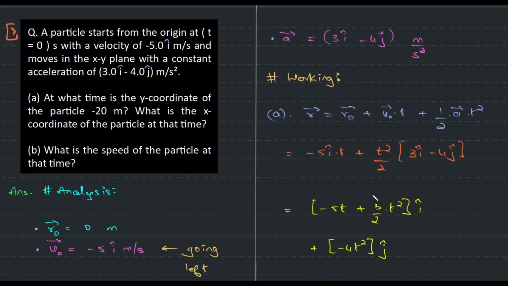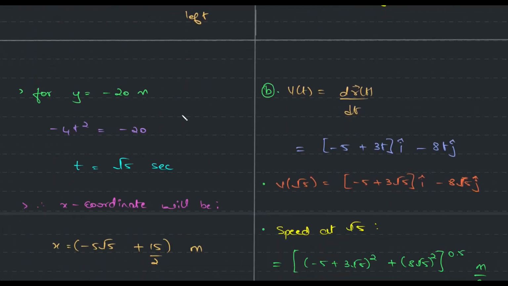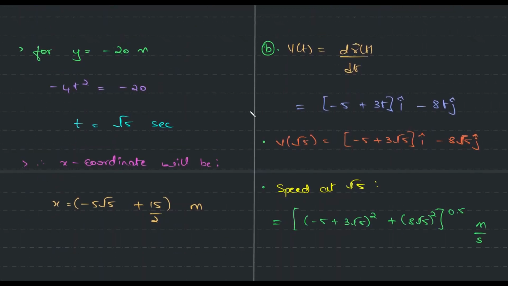So you can see that as and when you do more questions, you will get the hang of it. Things will become easy. Try to see i cap as along the x-axis and j cap as along the y-axis, and keep them apart, segregate them, and understand when to combine them.